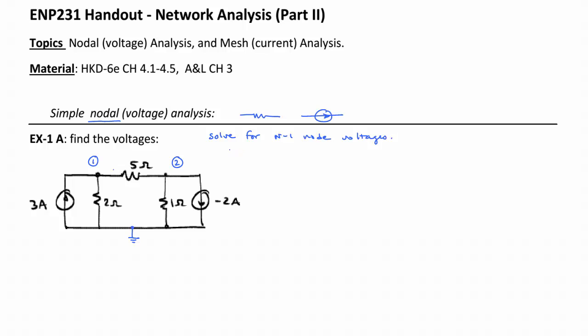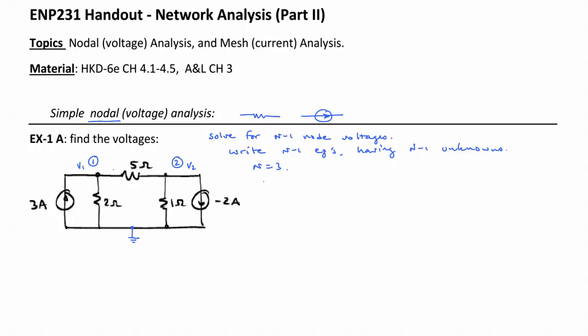So we're going to write n minus 1 equations, having n minus 1 unknowns. In this case, n is 3, right? So we're going to write 2 equations, and our 2 unknowns are V1 and V2, the voltages associated with these 2 nodes.